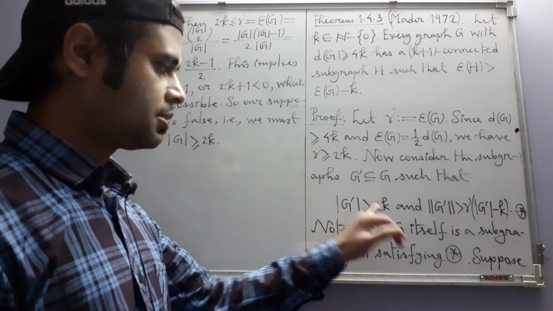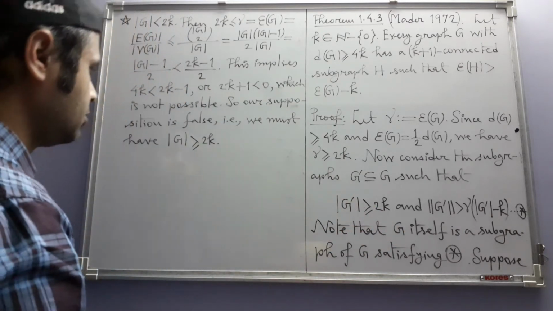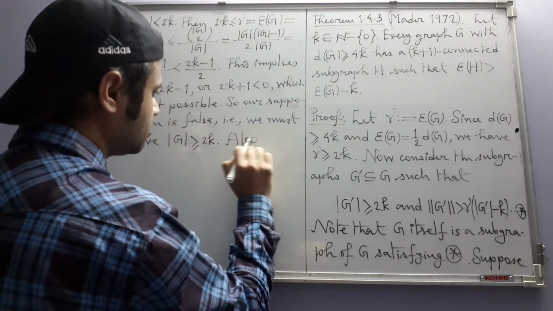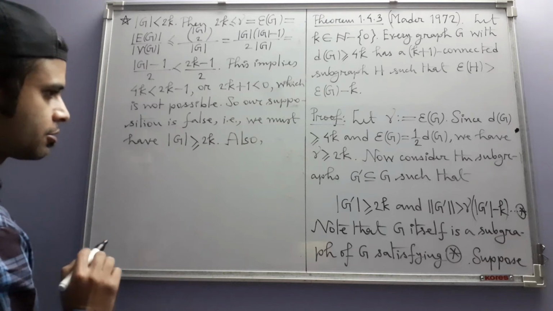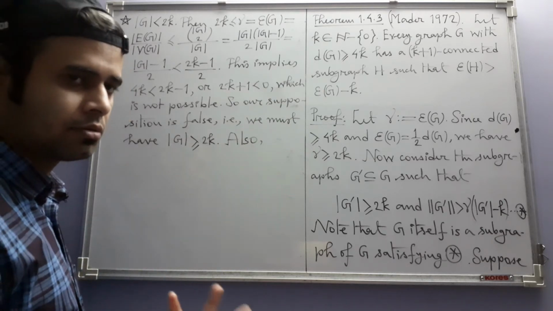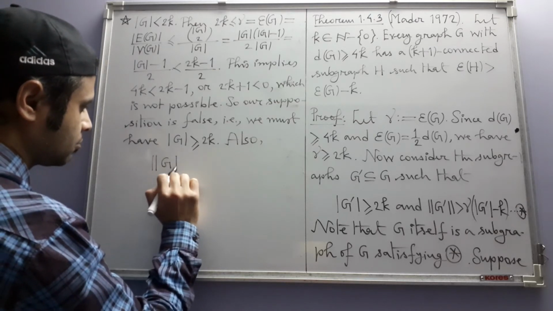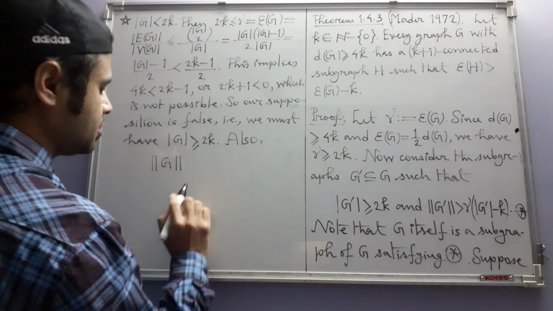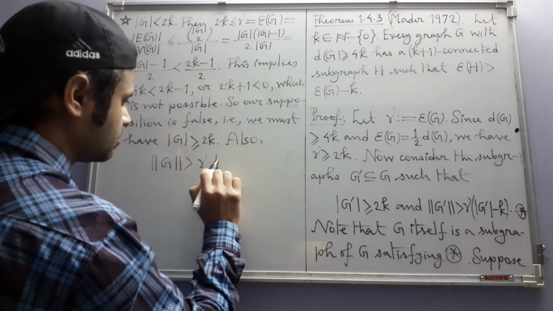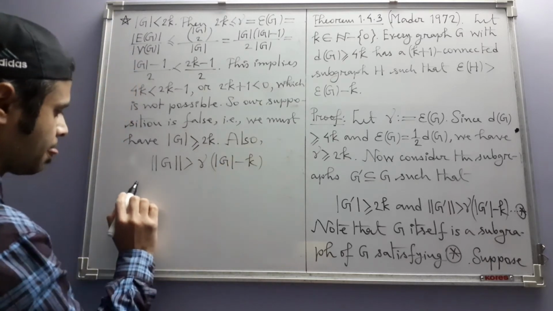So G satisfies the first condition, and the second condition is also very easy to verify. Also, let us show that the second condition is equivalent to something which is obviously true. The number of edges in G is greater than gamma times the number of vertices in G minus k.